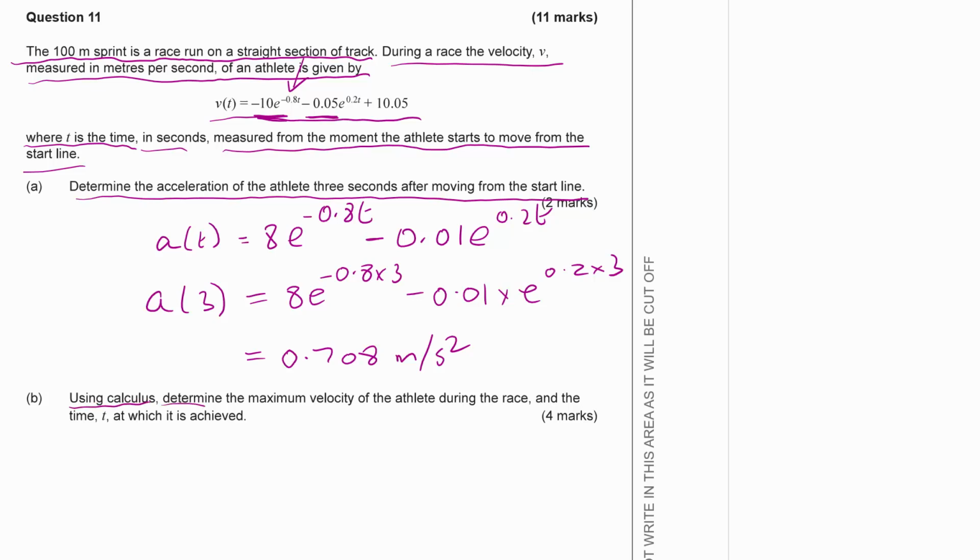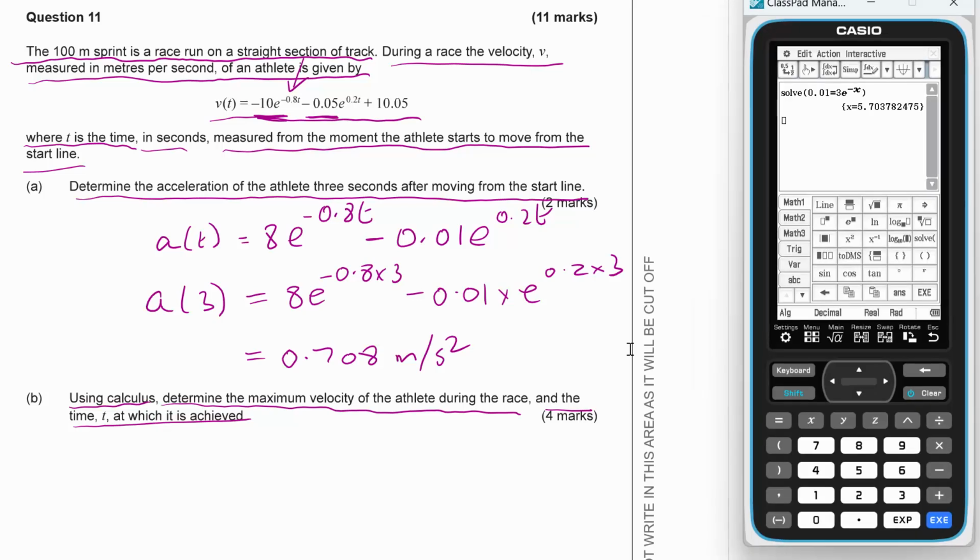Using calculus, determine the maximum velocity of the athlete during the race and the time t at which it is achieved. Now, it might be worth doing this on the calculator now. So we had the original expression v. Now I might just define my function.